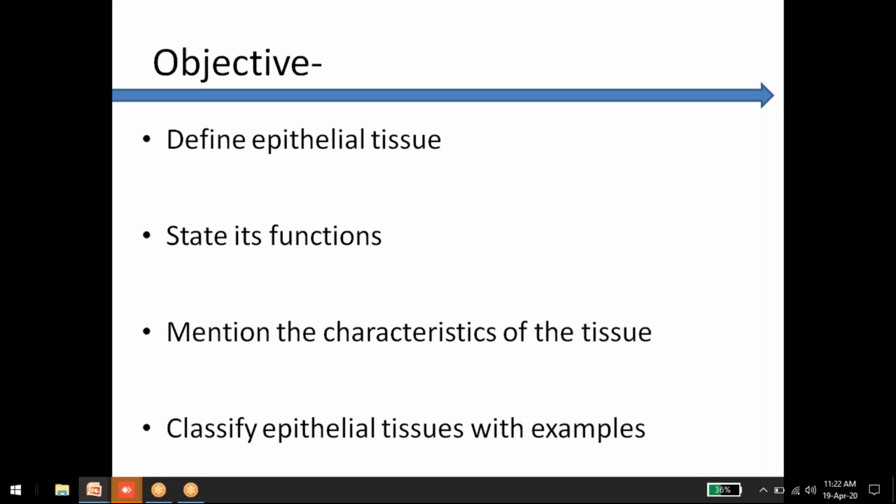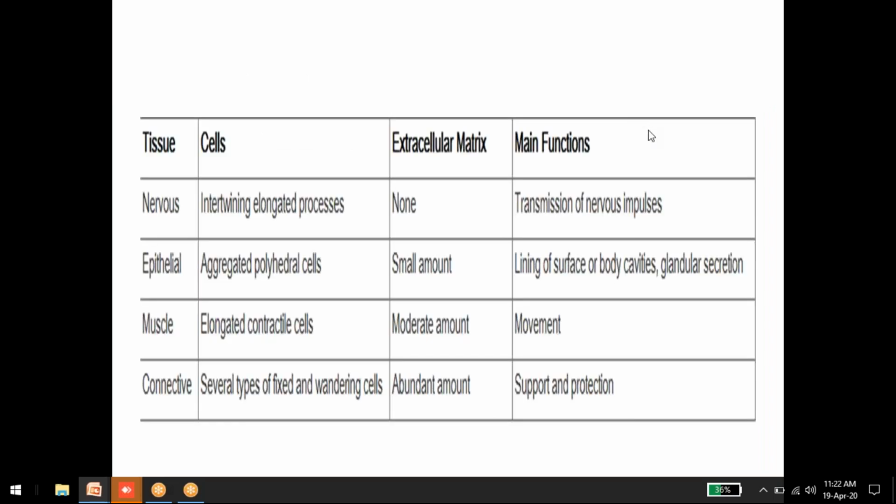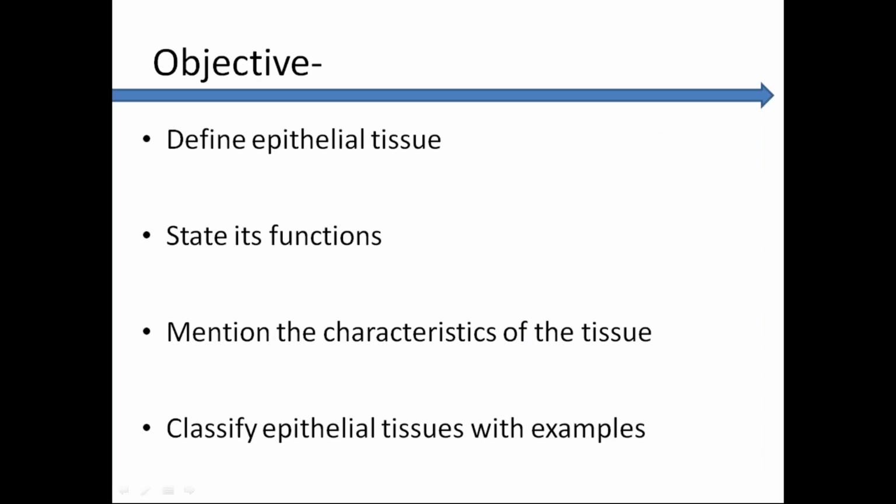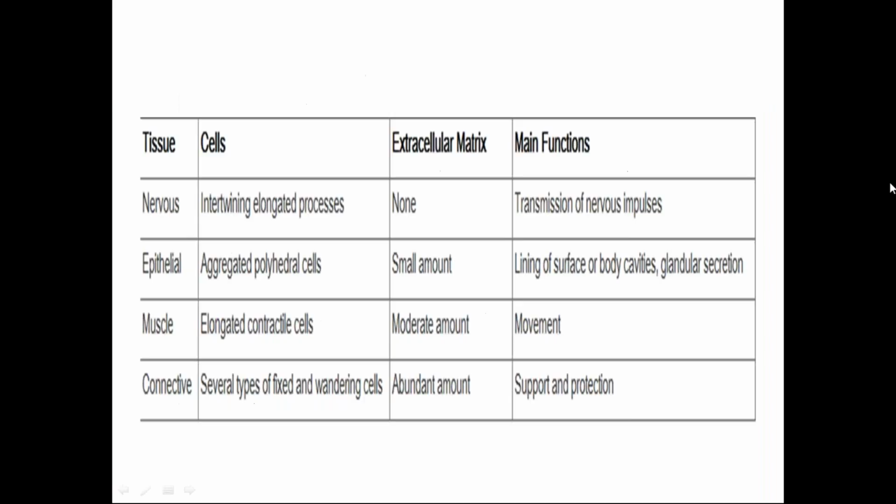So epithelial tissue is a basic tissue. Already you know the definition of tissue: here cells are united together by intercellular substances and having similar functions, and this is called tissue.